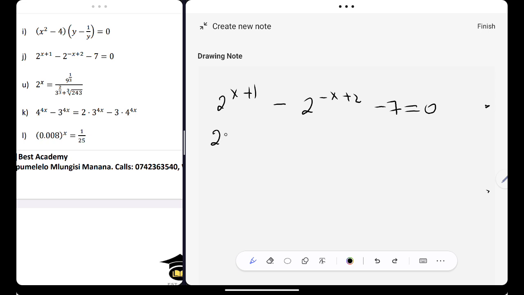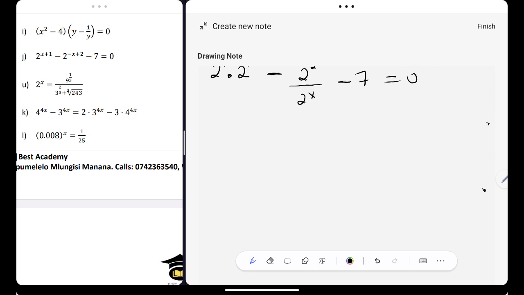So I'll have 2 to the x multiplied by 2 to the power 1. And then minus 2 to the power 2 all over 2 to the power x. Because the x is negative, that means this thing was dividing. Right, together. Minus 7 is equal to 0.